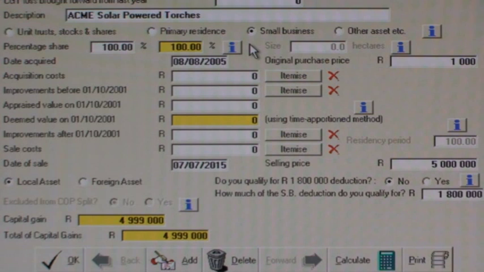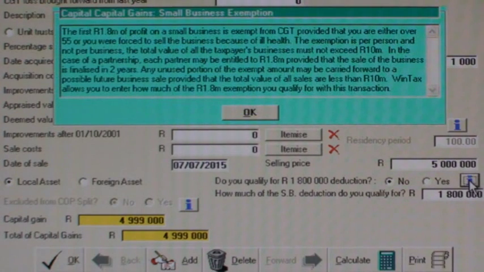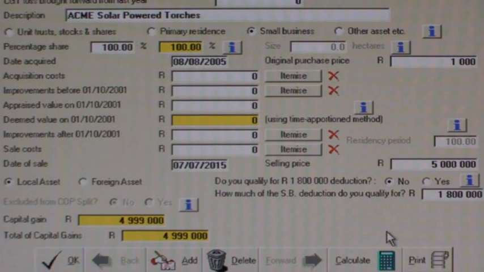We may be entitled to a deduction of 1.8 million once in a lifetime depending on conditions. So let's go through some of the fine print as it's shown here when you click on the info button. Clicking on this info button down here in the bottom right will bring up a text box giving us the basic information on the sale of a business. Now getting rid of the text box.